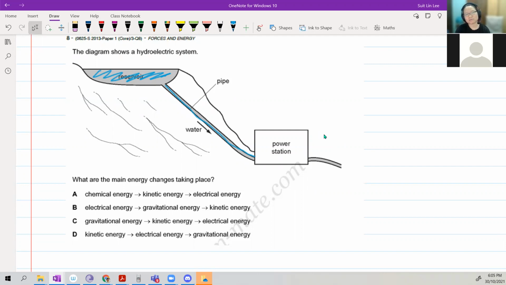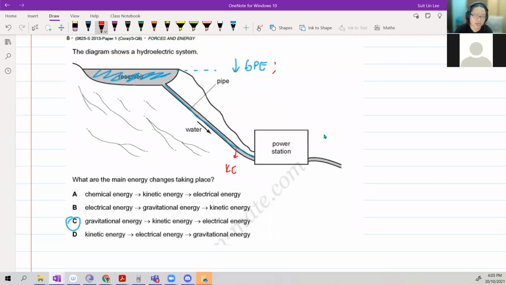So if we think about the water at a high level, there is a drop in gravitational potential energy. Yeah, very good. So then you got C already. But as GPE decreases, you imagine now the water flows down, it will flow faster and faster.